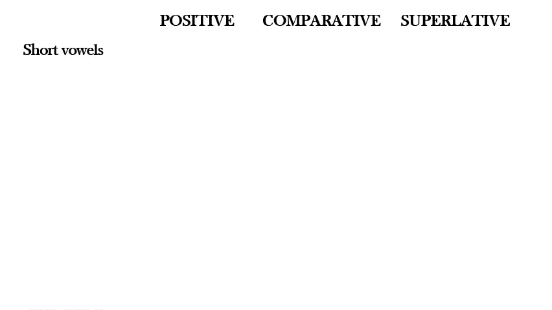In this case you're going to add a T plus an E and an R: hotter, hottest. And here you've got thin, thinner. You see, you add a second consonant there, in this case N, and thinnest. Again, you add the consonant and EST.